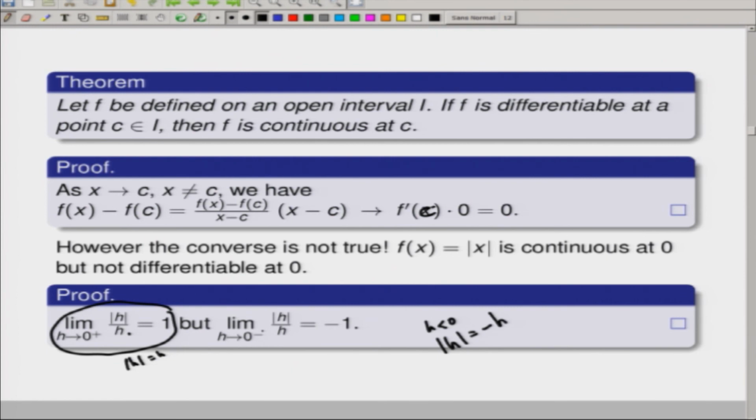Okay. So, now let us look at the algebra of differentiation.